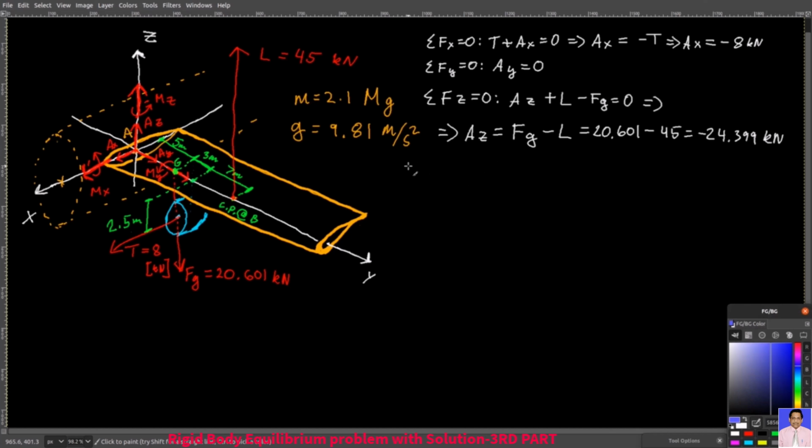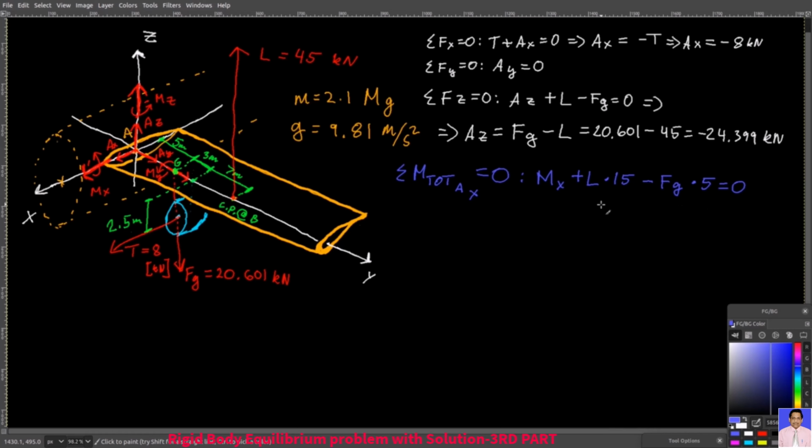Now, what I will do, I will take all the moments about point A and first in the x direction. That way, Ax, Ay, and Az will not produce any moments. So that's the equation. For the lift, the moment arm is 15 meters, and for the gravity force, 5 meters.